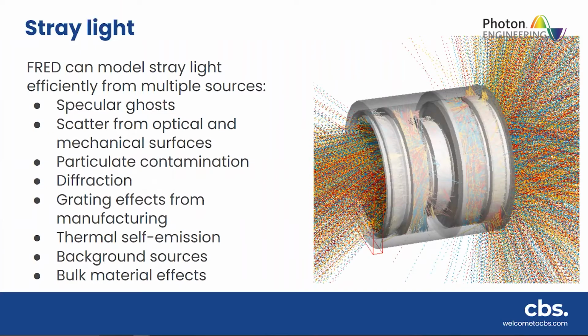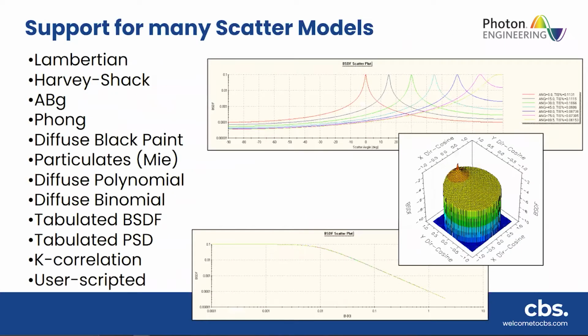So in terms of the tools that Fred has for us to model this, the first great thing that Fred has is an abundance of different scatter models. So Fred has lots of different models for us to choose from, and of course we need to pick the one that best represents the type of scattering that we expect to see. So we have all the usual suspects of Lambertian scattering, Harvey Shack, but we also have a number of different other models as well.